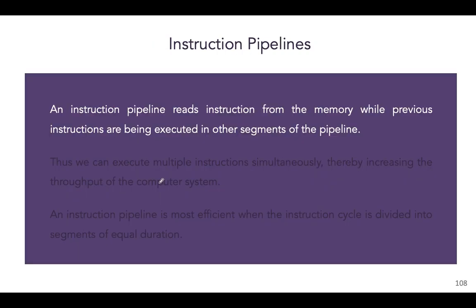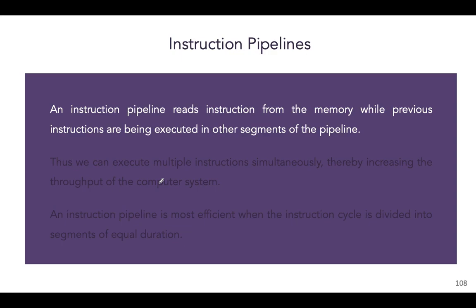Now let's talk about instruction pipelines, the second kind of pipeline. Instructions within a computer system, at any given time you have to perform multiple instructions. So rather than waiting for each instruction to finish and then picking up the new instruction, you can try to execute them simultaneously, and that is what an instruction pipeline does.